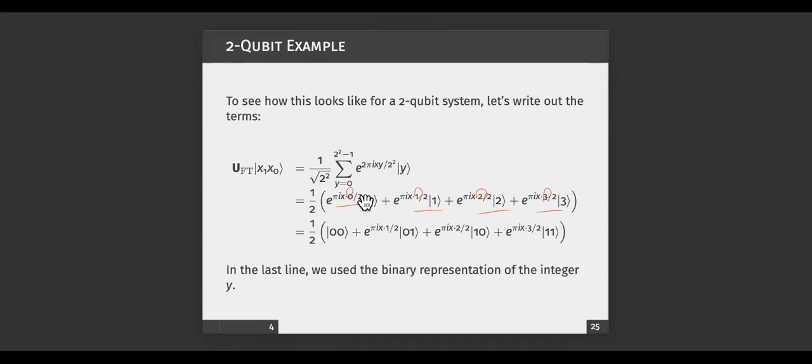Also you'll notice that the 0, the 1, the 2, and the 3, we convert them into the binary representation.